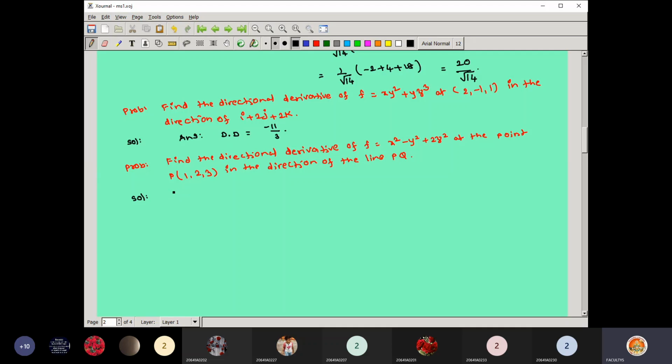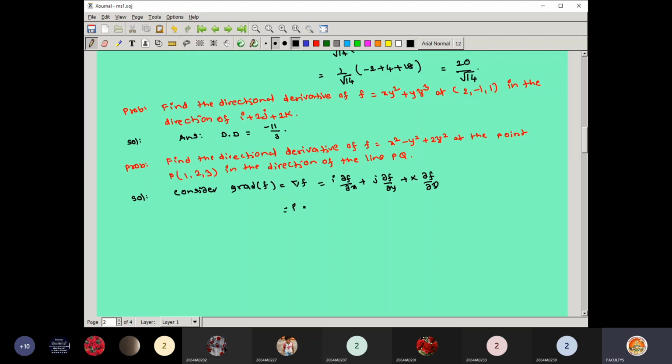So first, directly write down the gradient for the given scalar function. Consider the gradient of f, which is del f, i dou f by dou x plus j dou f by dou y plus k dou f by dou z.